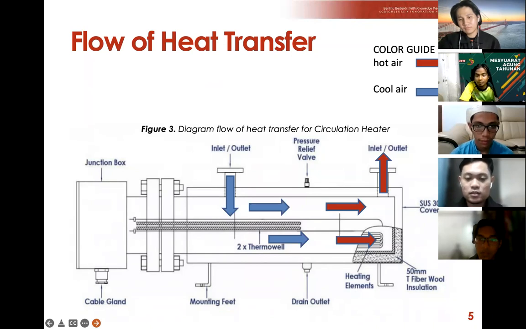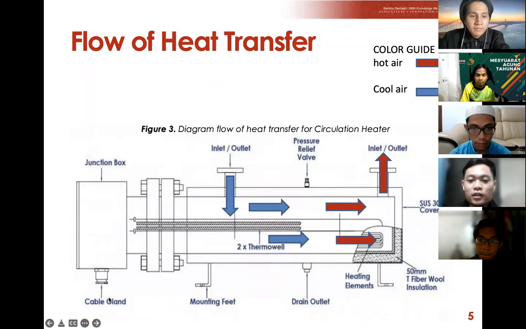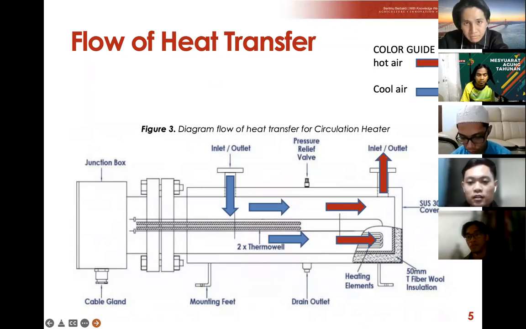So in this circulation heater, we convert the electric energy into heat energy. The hot air will come out from the outlet. So that's all. Okay, next.